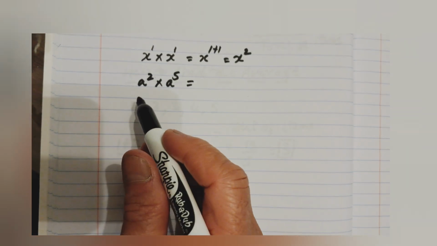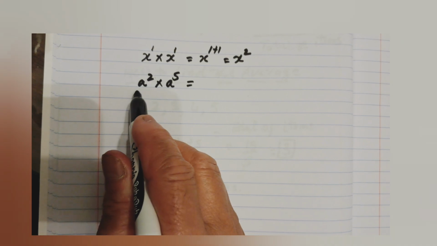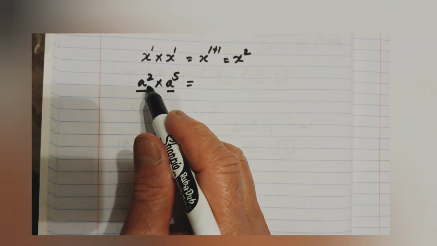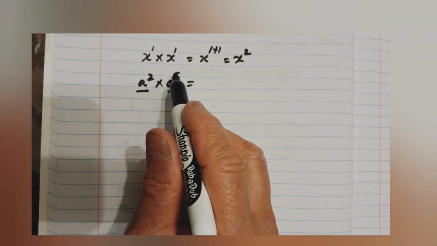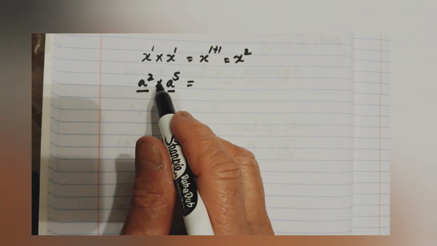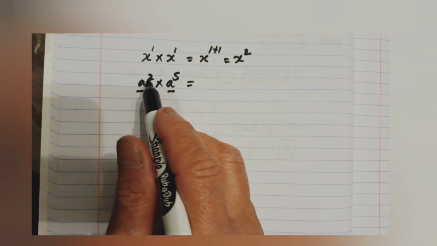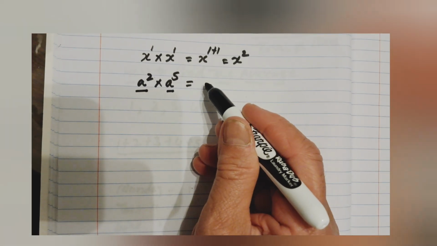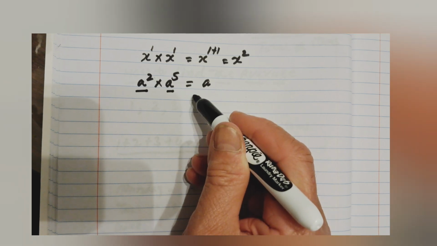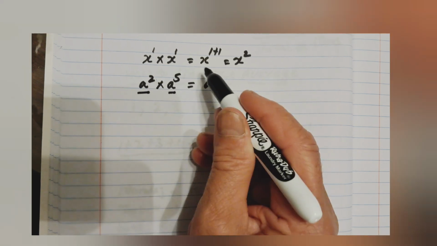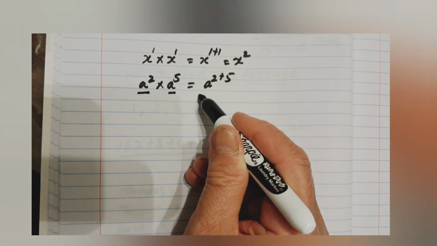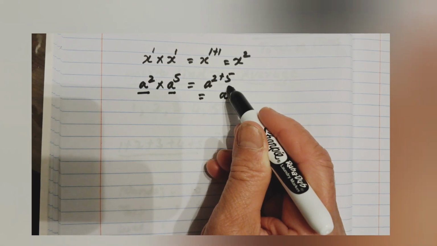The base is the same, so we can multiply, and even though the powers are not the same, we can multiply them, but the powers are added. A multiplied by a is a, and the powers are added, 2 plus 5. So the answer is a to the power of 7.